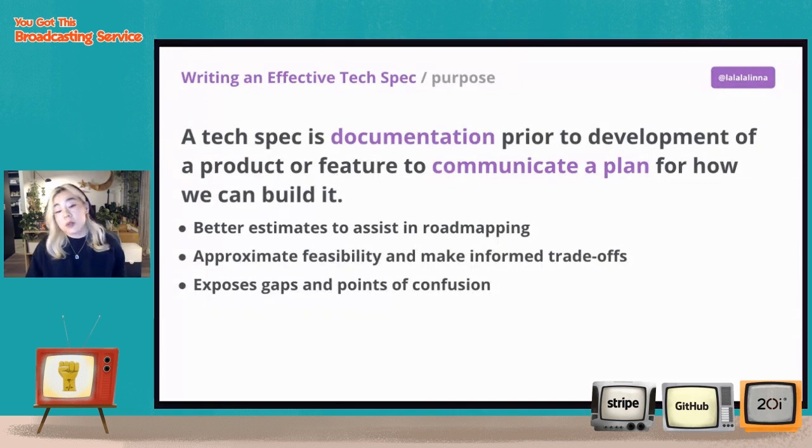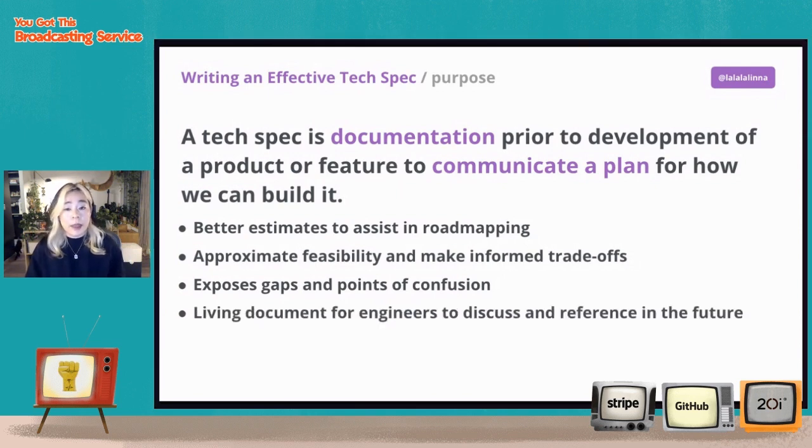You'll be exposing gaps and points of confusion, especially with things like product and design, especially since as engineers, we tend to look at the more nitty-gritty things, and we can catch things that they might not necessarily catch. And at the end of it, you'll have a living document for engineers to discuss and to reference in the future so that other engineers who come after you can understand why you made the decisions that you made.